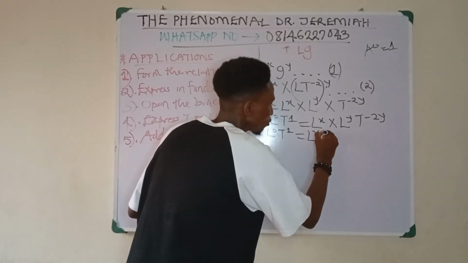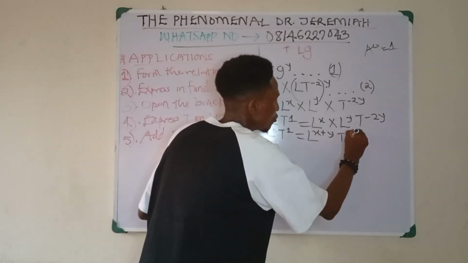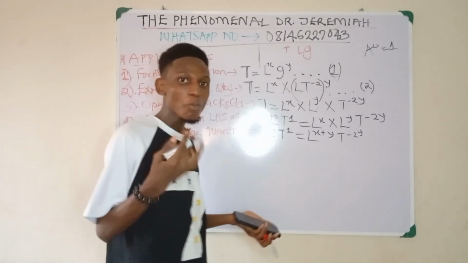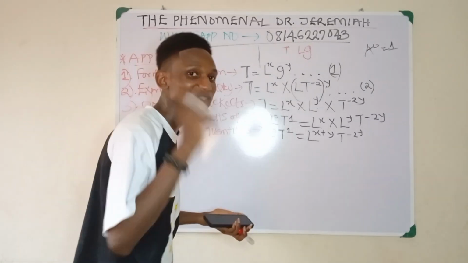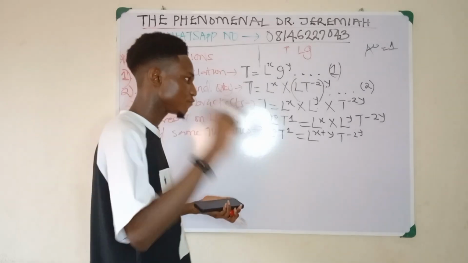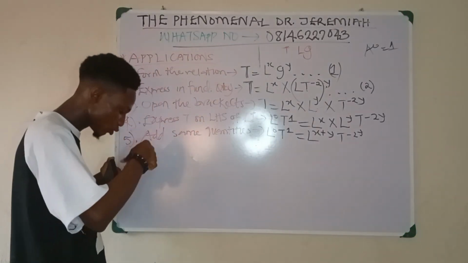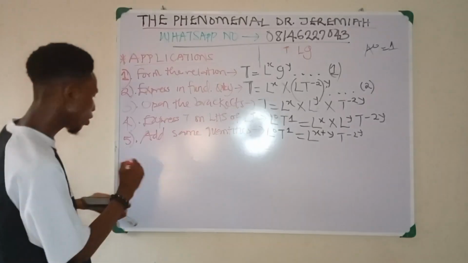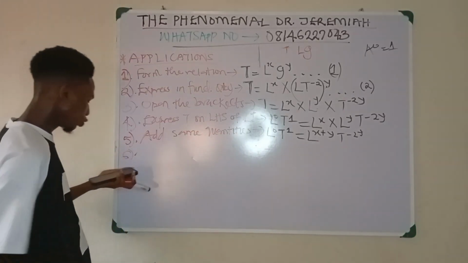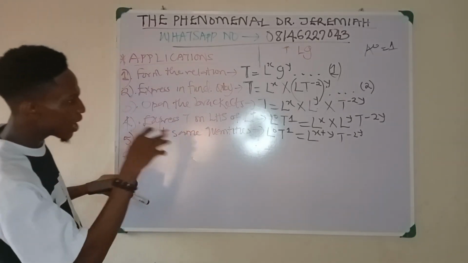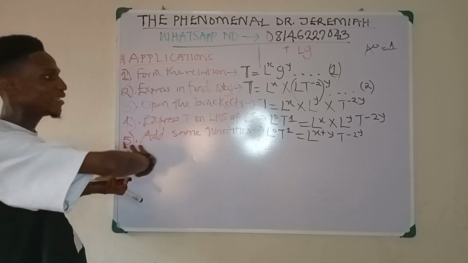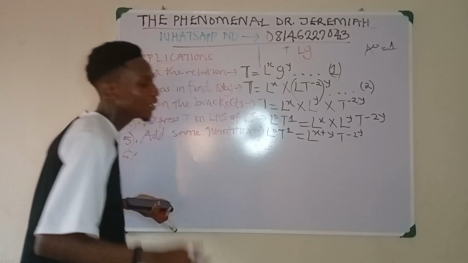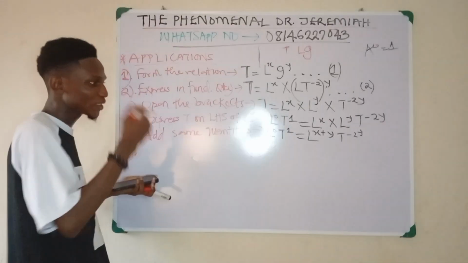So you have L raised to x plus y, T raised to power minus 2y. You see, we have been using indices all along. Math to an extent is very important. If you have not watched that video, please go and watch it. I said so many things on why you must know math. So this is the practical explanation of that. Now, number 6: we have brought same quantities together, so we want to equate same quantities on the same side.